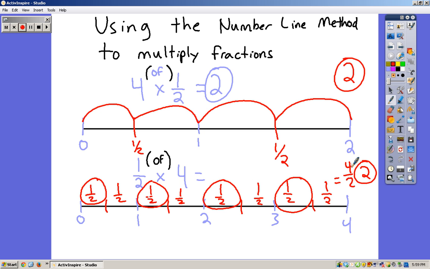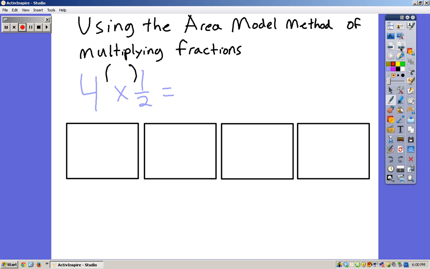That's a way of doing it with number lines. It's kind of the same as saying 1/2 plus 1/2 plus 1/2 plus 1/2, but it's a visual representation of that. Here is how to do it using area models. Again, 4 times 1/2 is 4 of 1/2.